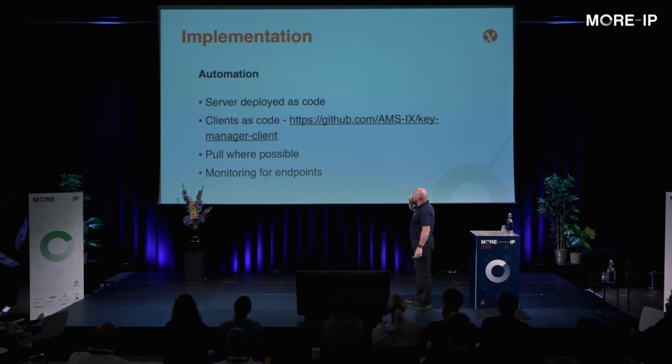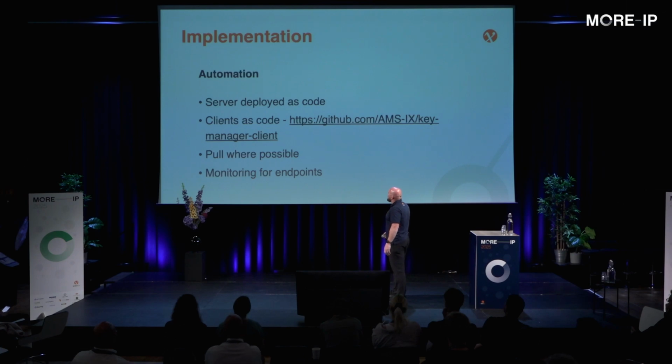But now the important part, automation. Server deployed as code, obviously. Client as code. There was no client for Linux. They only have a client for Windows, so I had to write our own. It is on GitHub, so if someone wants to use it, you can just use it. We moved with the pull model instead of push. So you update the certificate, and then the servers pull them in the next 24 hours usually.